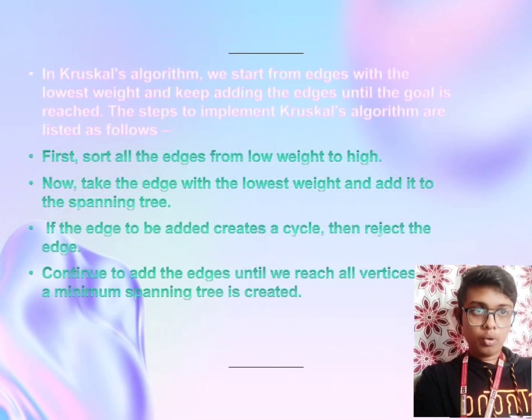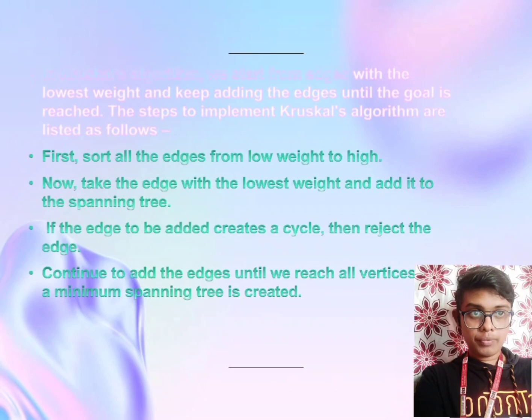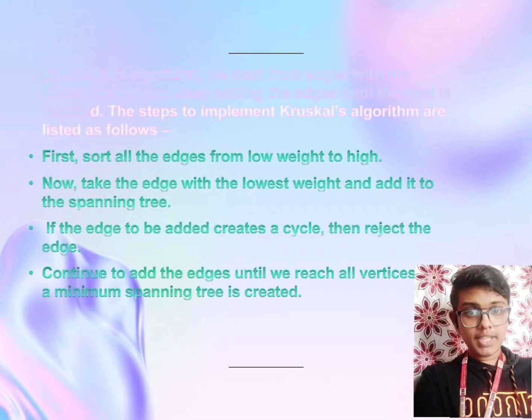Now let's look at Kruskal's algorithm. In Kruskal's algorithm, we start from the edges with the lowest weight and keep adding edges until the desired vertices are reached. The steps to implement Kruskal's algorithm are as follows.